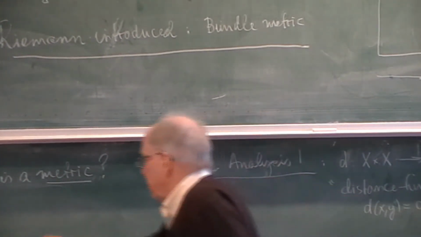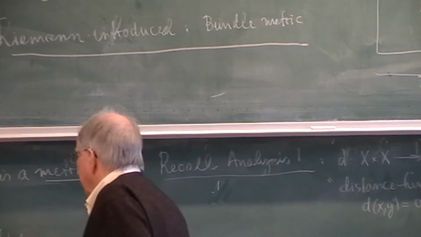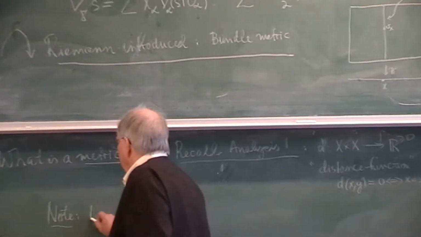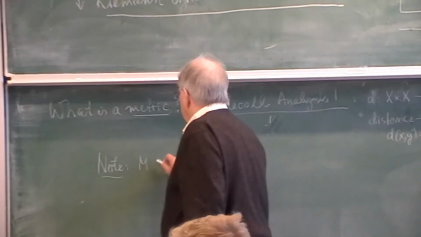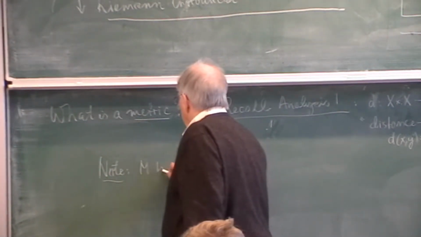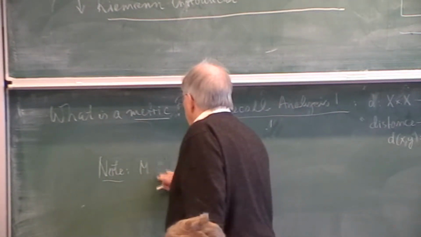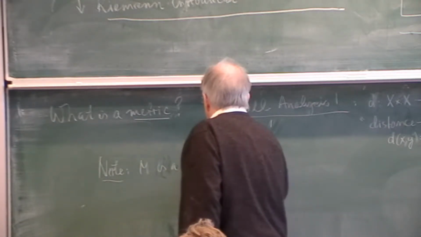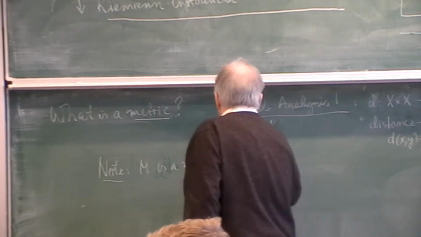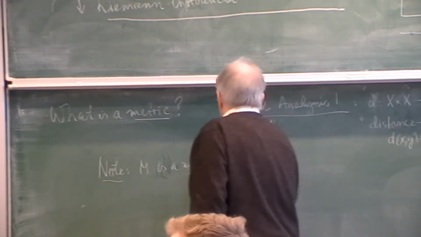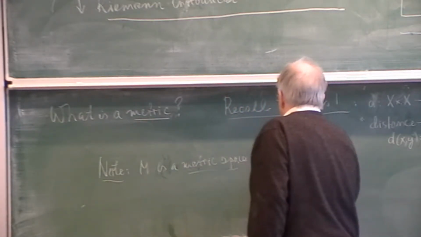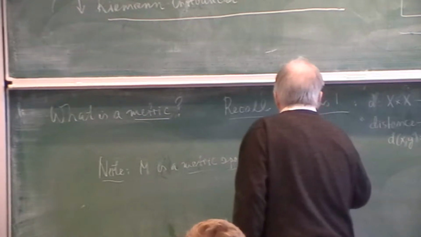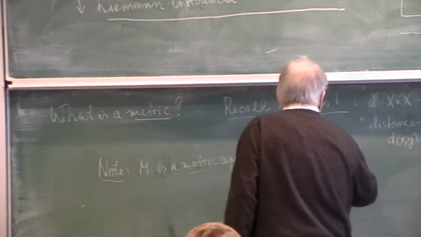So we make a note here: M is a metric space in the above sense, in the sense that it has a distance function.